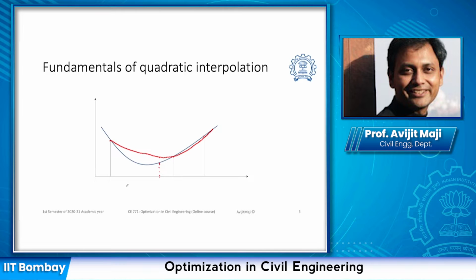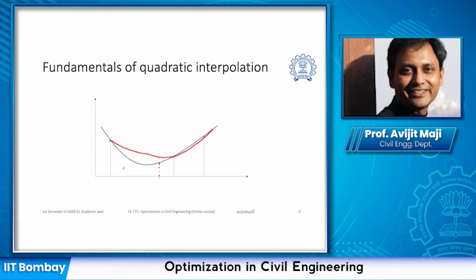Then once we eliminate one of the point, we again have 3 points which we can use to fit a quadratic equation, and we can find the optimum solution from there, and the process goes on till we find that there is no improvement in the solution process.